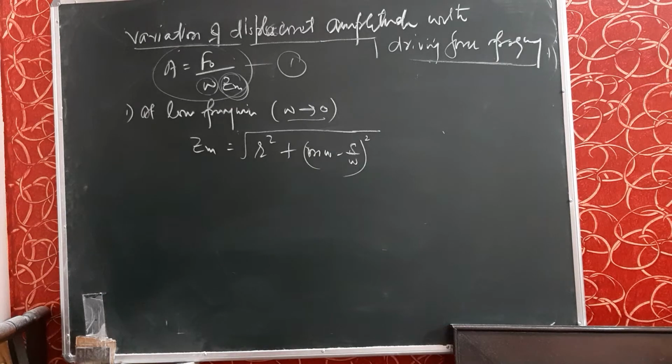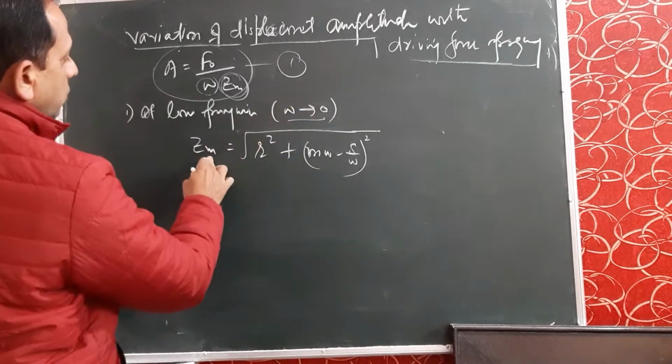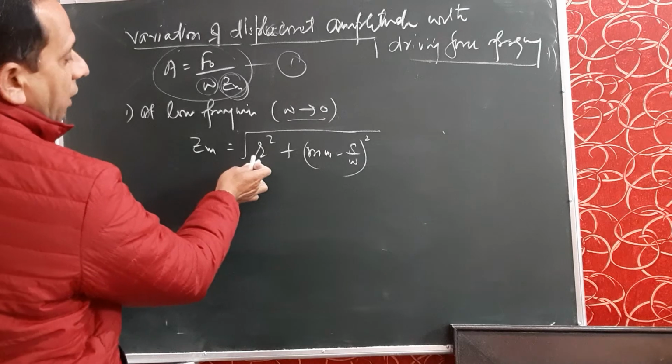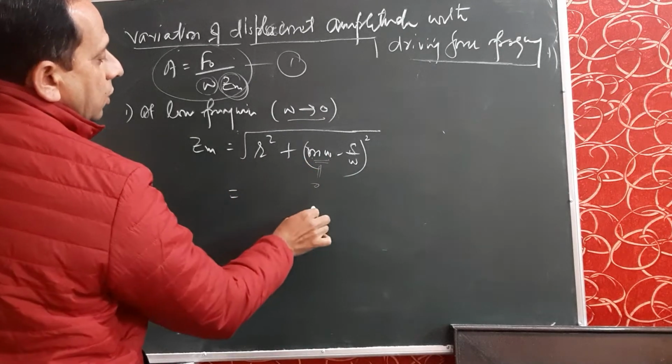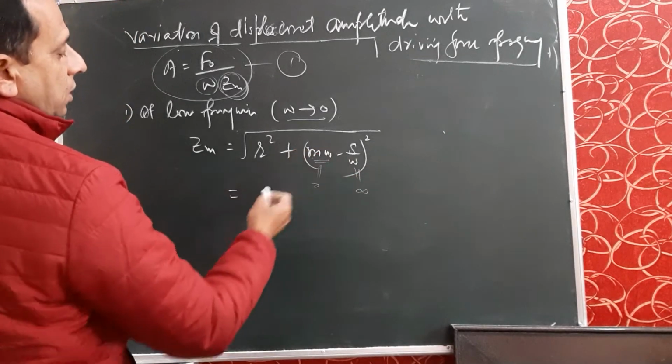This relation we discussed in the previous lecture. So when omega tends to 0, put omega as 0 in this equation: R remains R, the term m into 0 becomes 0, and the term s by omega becomes infinity, because s upon 0 means infinity.